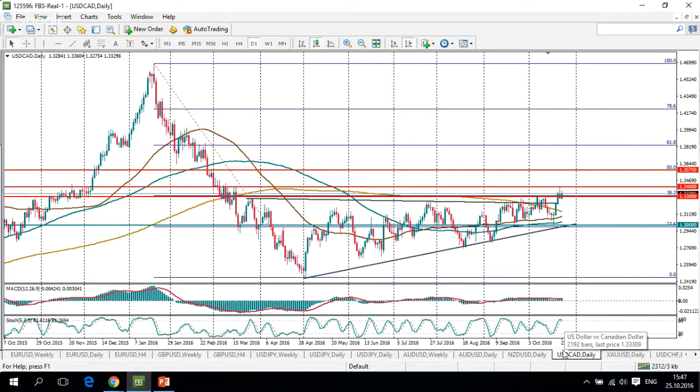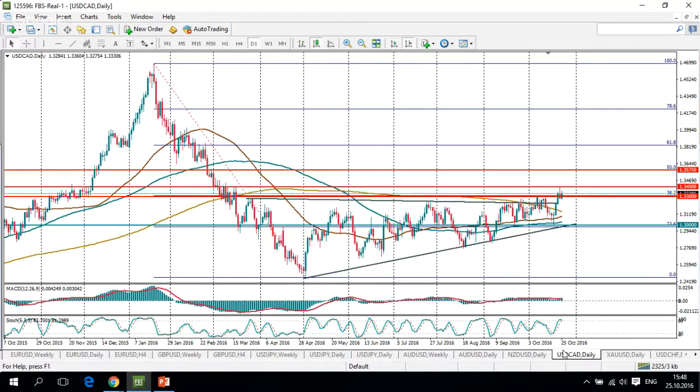US dollar, Canadian dollar tested the 1.34 mark as the Bank of Canada left interest rates and policy unchanged last week. There was some weakness in oil prices, some consolidation, which limited the advance of the Canadian dollar.